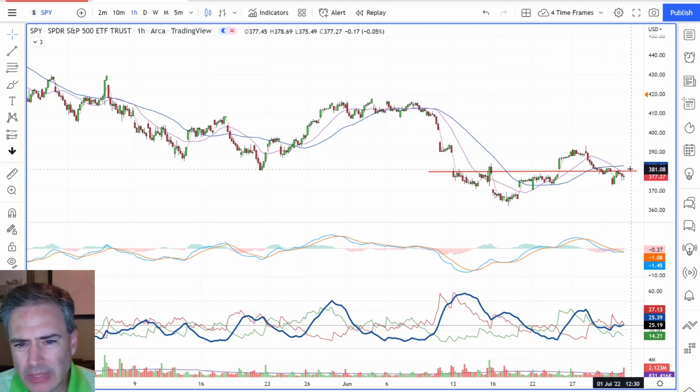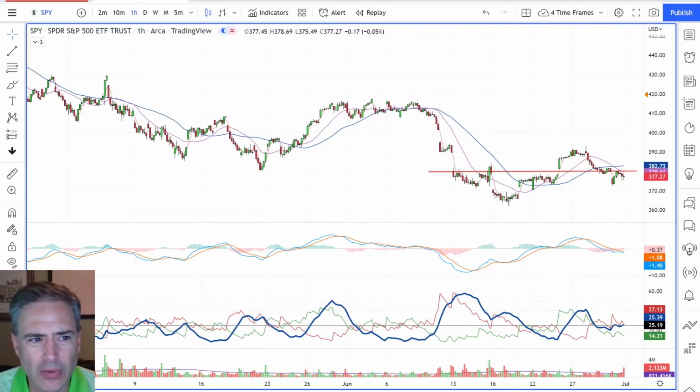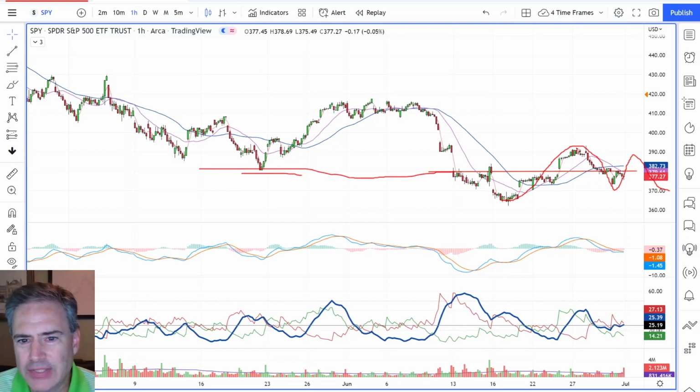So we're still kind of trading what I call a balance point. The 3,800 on the S&P, 380 on the spider, is acting kind of like a balance point. You see how we're spending time above and below it. We need to break away from that, and it has to act as support or resistance. Right now, it's kind of like trading around it. We need it to move up and hold that line and prove itself.